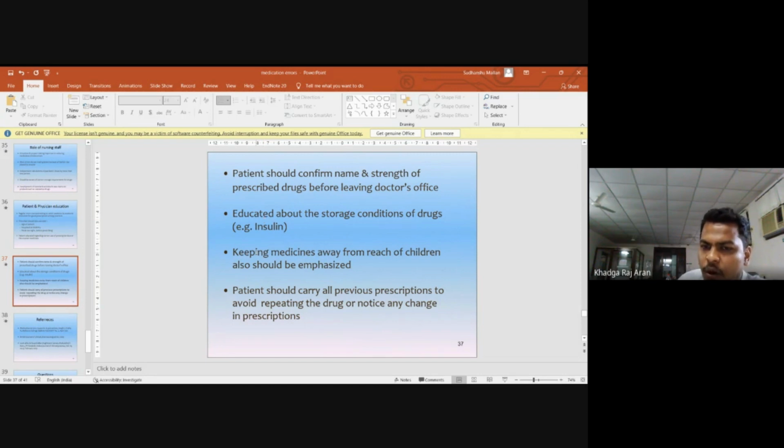Keeping medicines away from the reach of children should also be communicated to the patient. Patients should carry all previous prescription history to avoid repeated use of the medicines.